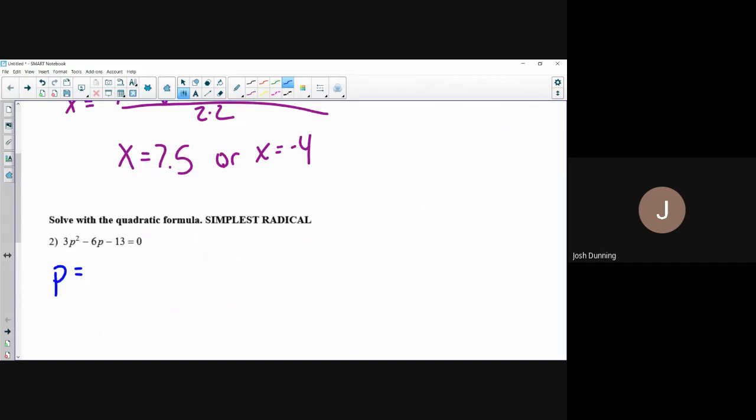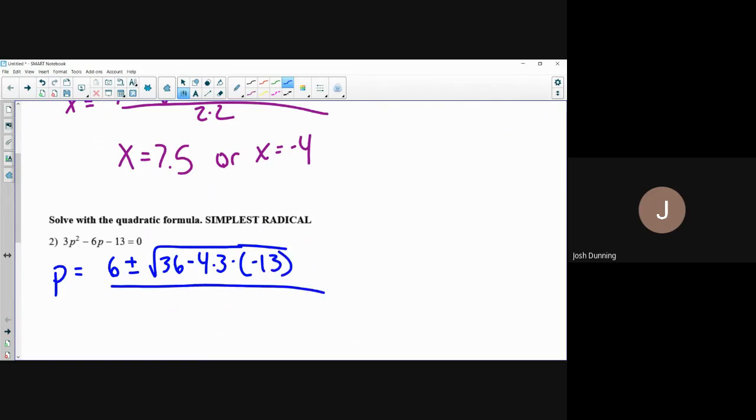Same formula, -b, so -6 is +6, plus or minus the square root of b squared, 6 times 6 is 36, minus 4 times a, which is 3, times c, which is -13, all over 2 times 3.